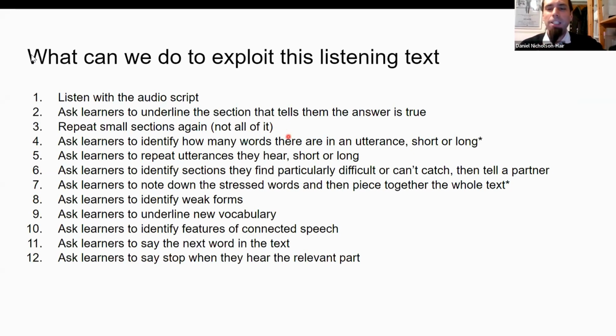No, but it does raise the question, how many times are you going to listen? I think they need a chance without the audio script to listen and do the tasks, and then you get into the very close details with the audio script after. If you have a gist task and a comprehension task, and then you listen again, that's 3 times.